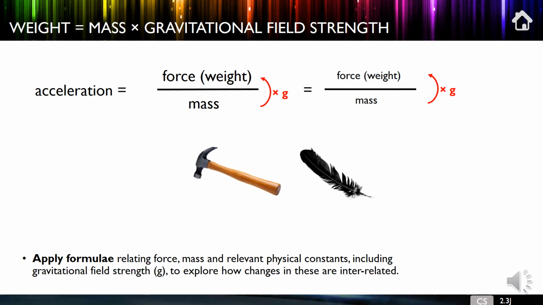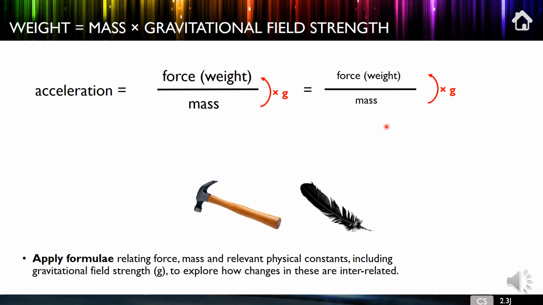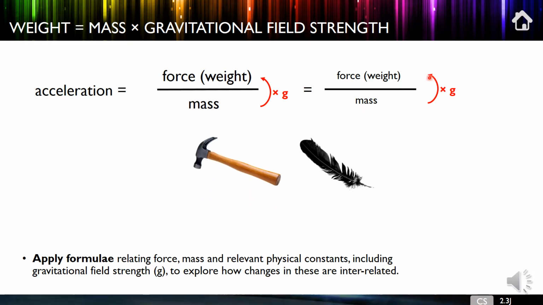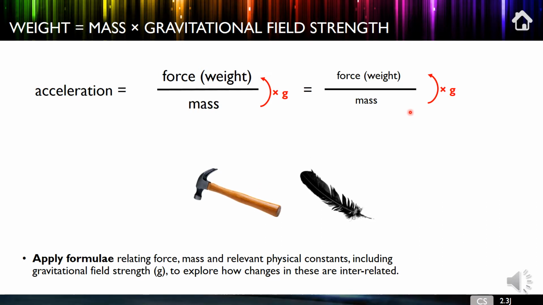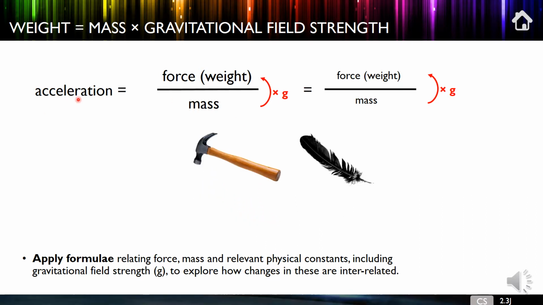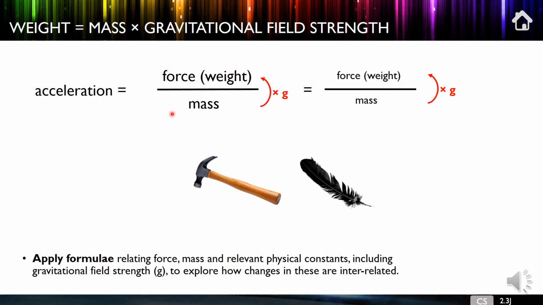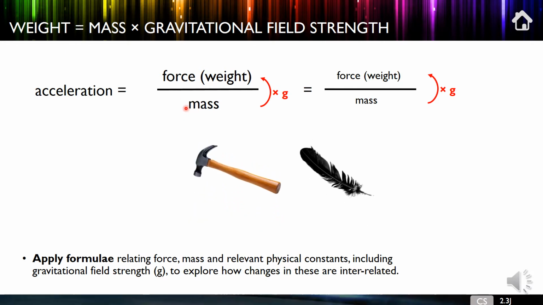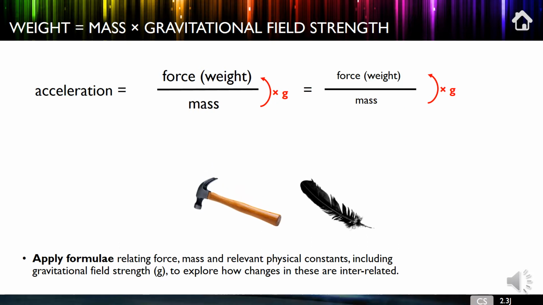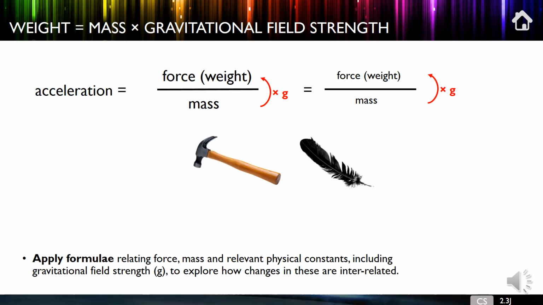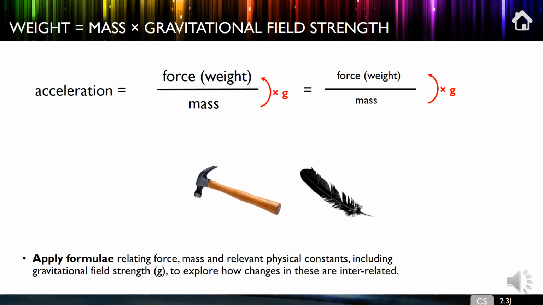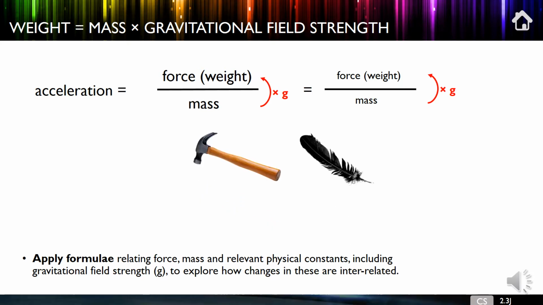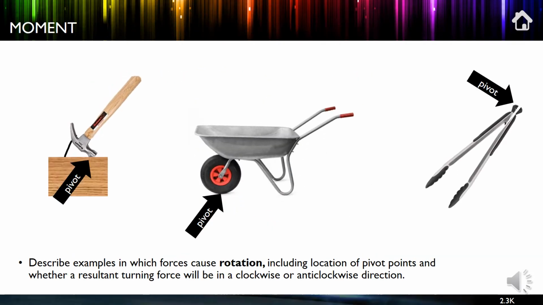We can see that here, again ignoring air resistance, that although the mass is smaller, g is the same. Remember, W equals mg. So the acceleration, remember acceleration is F over m, more force, more acceleration, more mass, less acceleration. So these effects exactly cancel out. So all objects, if you ignore air resistance, fall at the same rate. On the Moon, there is no air resistance, so all objects really do fall at the same rate there.